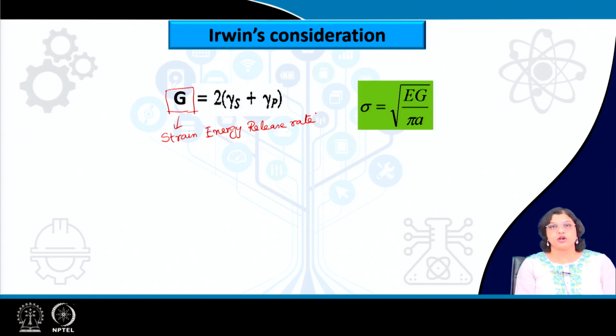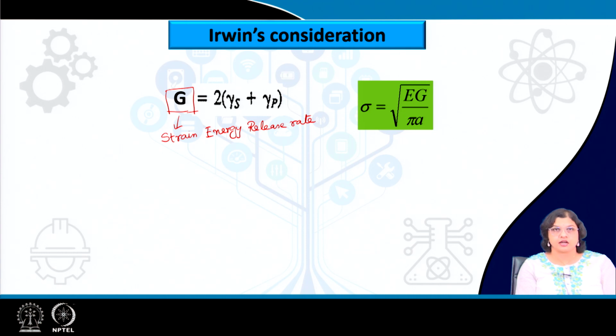This is the stored energy, or the potential energy, that is stored in a system or a component, and when we are applying stress and the crack is growing, that leads to fracture, this elastic energy is being released over some volume.